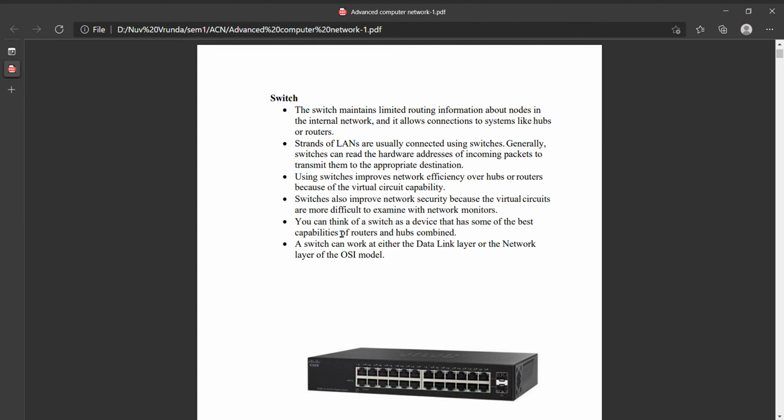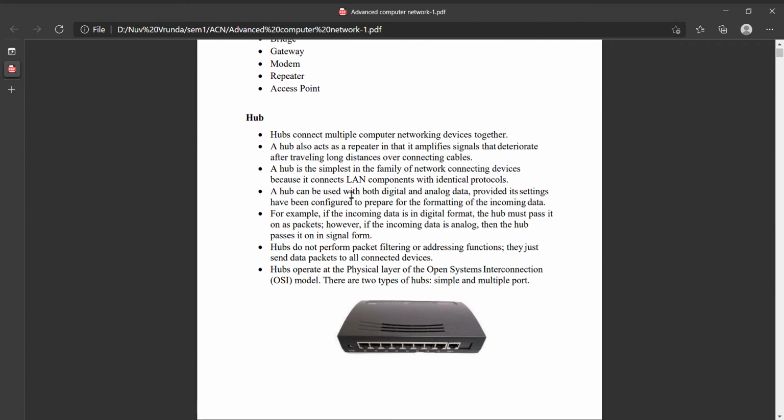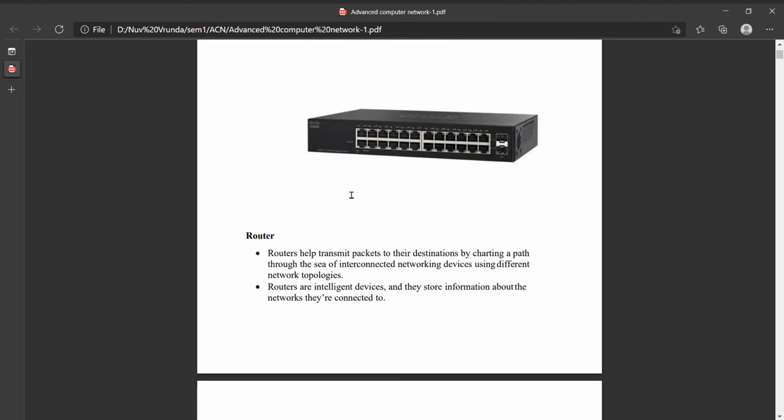You can think of a switch as a device that has some of the best capabilities of routers and hubs combined. A switch can work at either the data link layer or the network layer of the OSI model. This is a property of a switch, the layer in which it works. So a switch basically connects all the devices with each other, but a hub is used to amplify the signal. This is the very basic difference between these two devices.